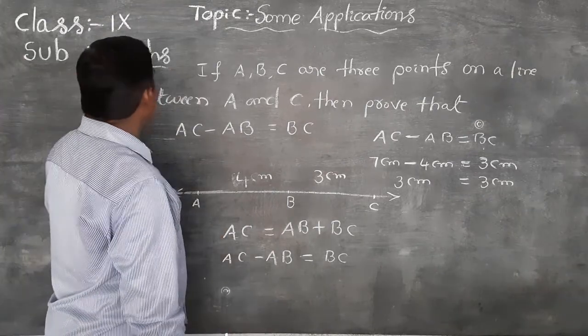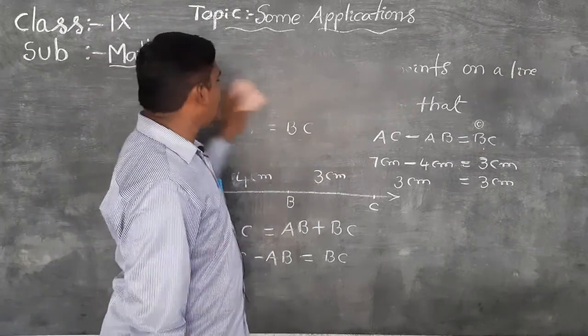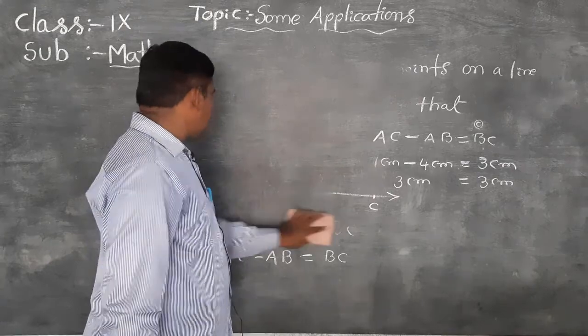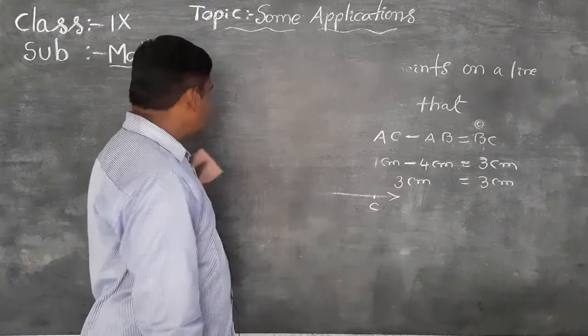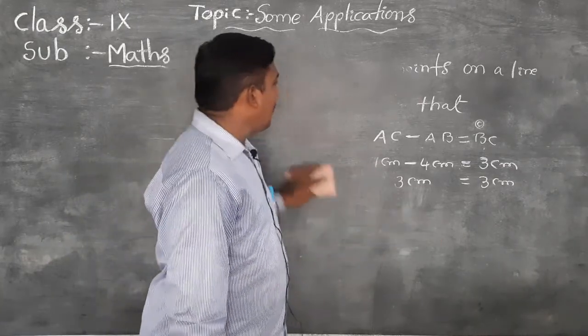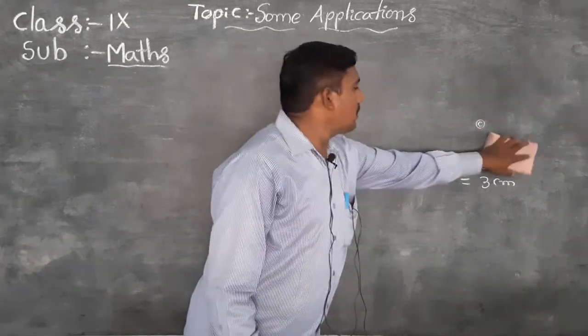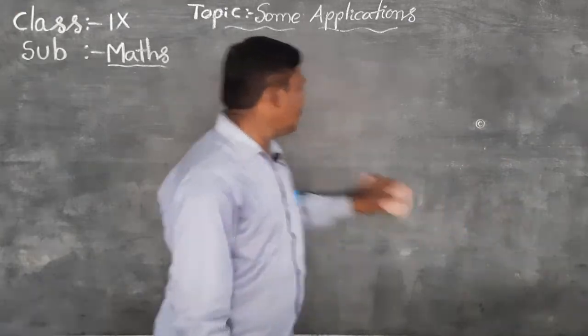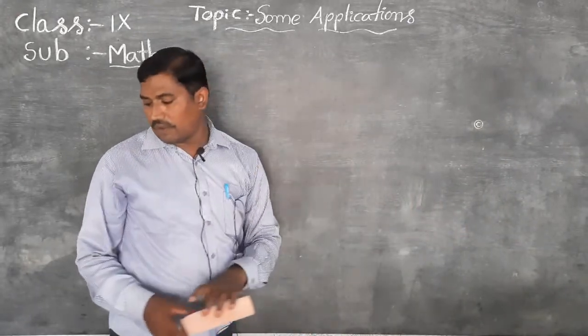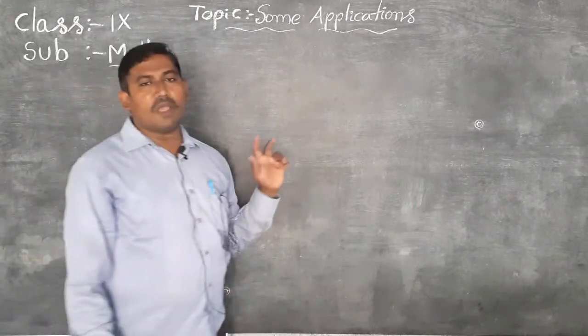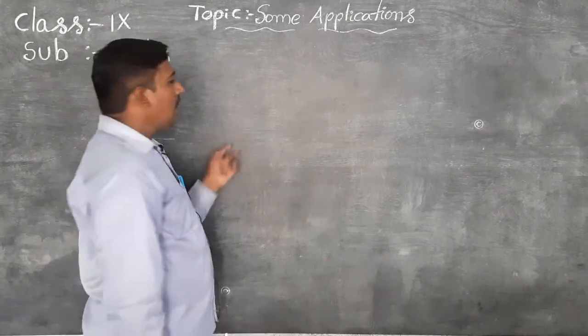This is one application. Like that, for any values on a line where one value is in the middle, subtracting the first value from the total gives the second value. Otherwise, adding two values gives the total value.